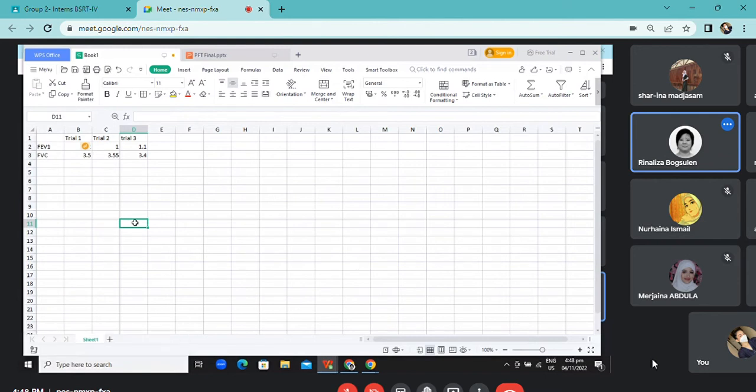Oo. So these will be your choices. Letter A, ang best test. I'm asking for the best test. Okay. FEV1 is 1.2. FVC is 3.5. Letter B, FEV1 is 1.2.